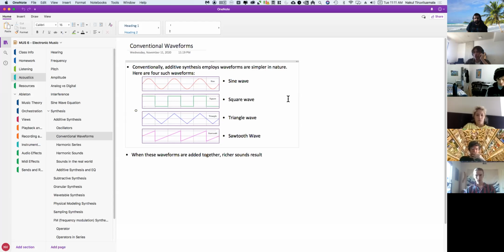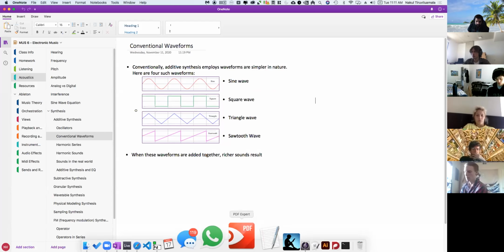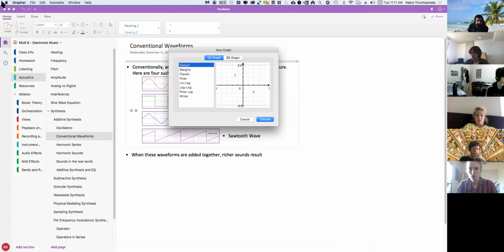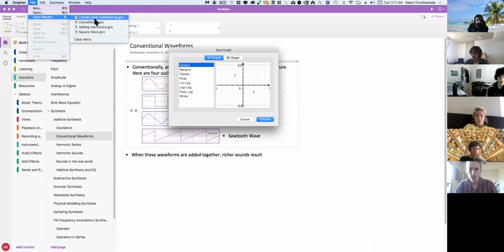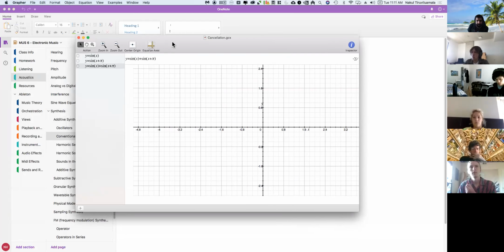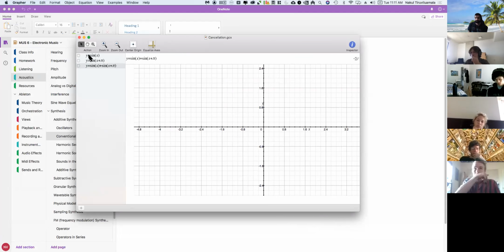So just going along the idea of adding sounds, there's a lot of interesting stuff that you can do with adding sounds. Just to recap, there's an app on the Mac called Grapher, so I made a couple of graphs. I just want to show you this idea of wave interference, right?